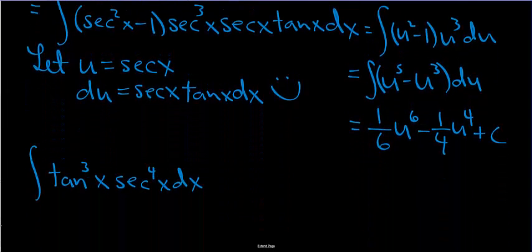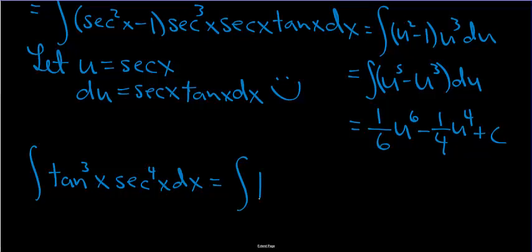So what's a different approach we might be able to take on this one? Instead, put secant in terms of tangent. What if I take out, if I peel off a secant, right?